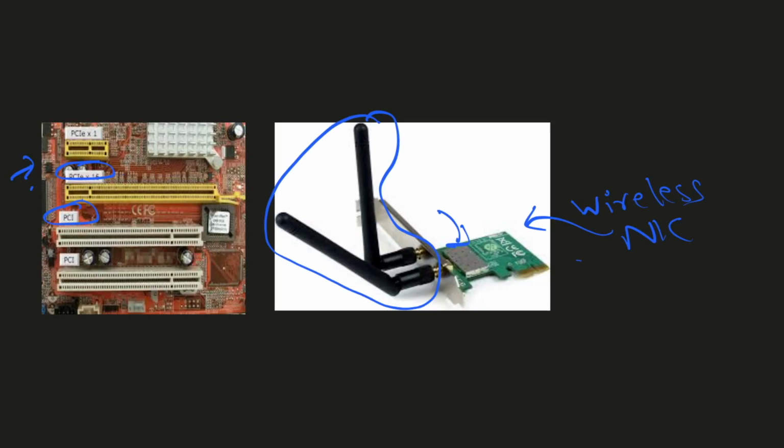But anyways, coming back to the point, you would have to purchase these external wireless NICs and then plug them into these PCI slots to make your PCs wireless compatible, or allow those PCs to access the wireless medium. Now, for some of you, this may look and sound very alien, but trust me, this is how some of us used to get the wireless connectivity back in the day.